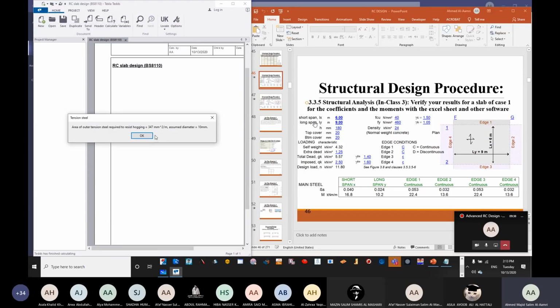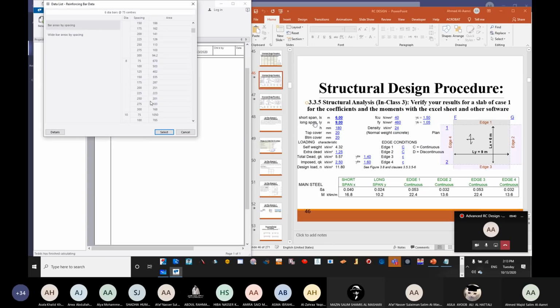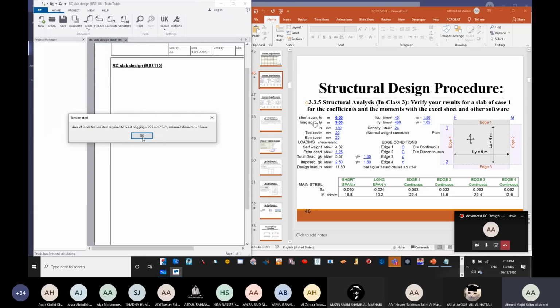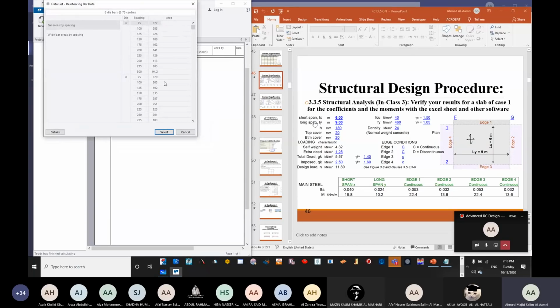It will affect, of course. This is only because I didn't have the shear force values from the other software, or Excel. So you can do it in Excel and then return back to do it here, or use your table in the BS code to find your shear force.